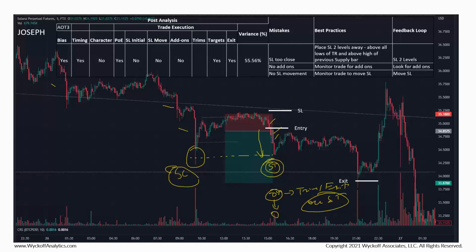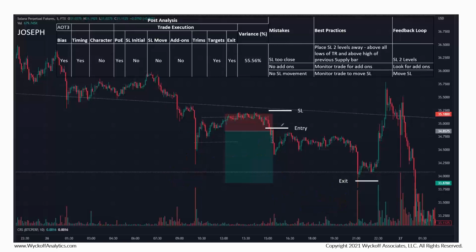Even though I've said it, Joseph opted to hold on to this, and rightfully so. Why? Again, because of the aggression to the downside. It's still too much aggressive behavior, so there might be some expectation of continuation. And then we're seeing how this structure right here still shows weakness with the demand.